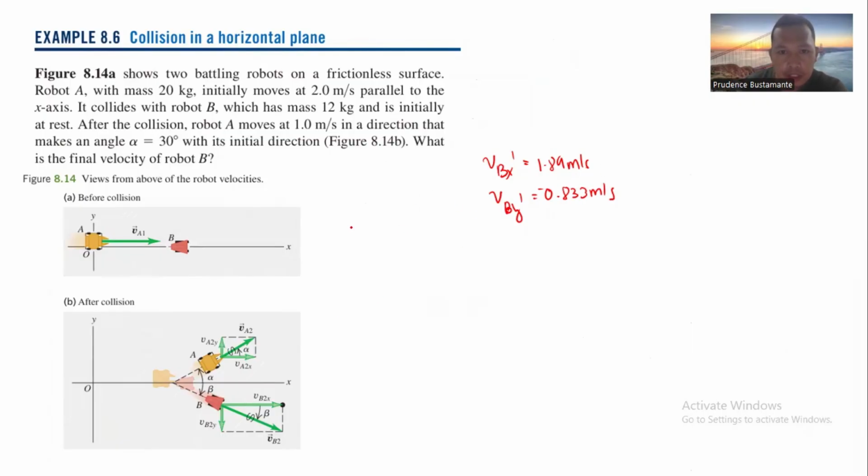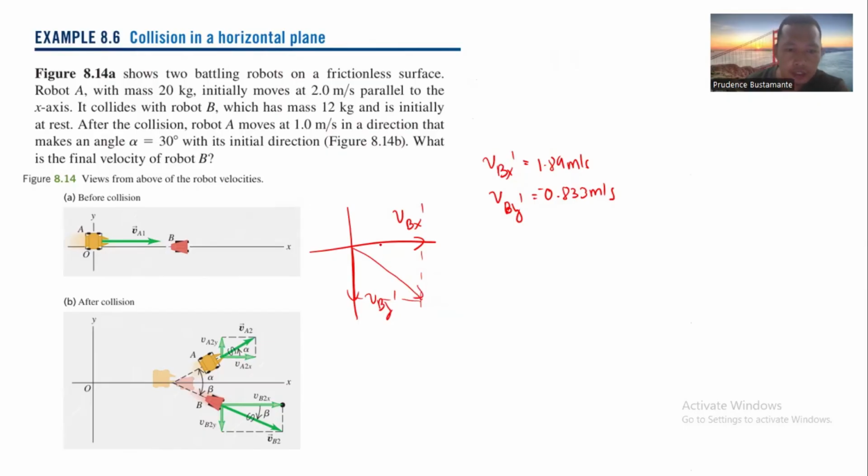If you graph that, the x is positive and the y is negative, so the vector lies on the fourth quadrant.